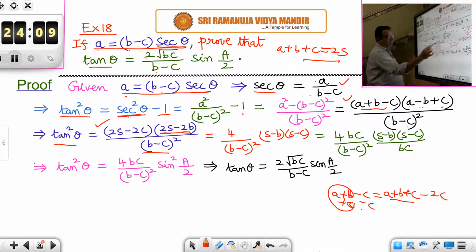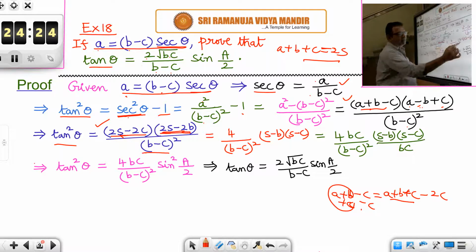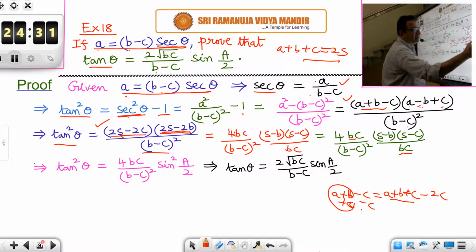So 2 here common and here another 2, so 4 will come out by (b minus c) whole square. Remaining (s minus b) into (s minus c) I have written separately. Then extra I am putting here bc and another bc in the numerator and denominator. That is what I have done here. So that this is a formula.